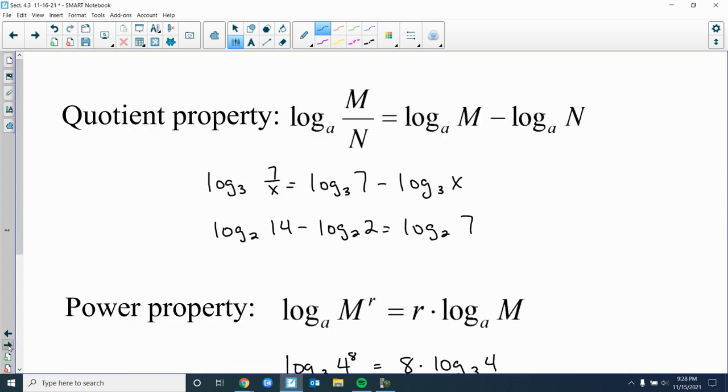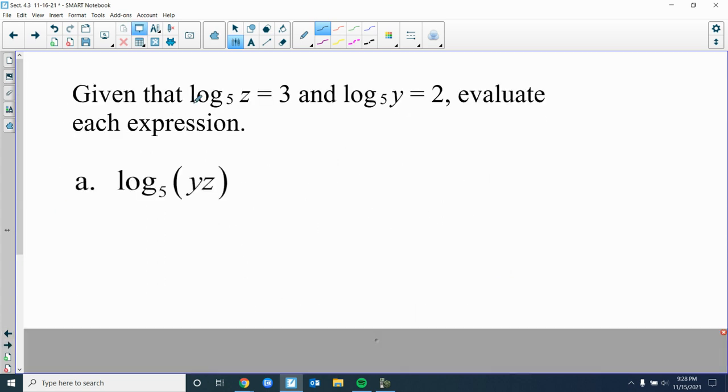Okay, some applications here, or some problems dealing with these properties. Okay, given the fact, and I'm just going to state this, that the log base 5 of z is equivalent to 3, and the log base 5 of y equals 2. We want to evaluate each expression. So right now we can't evaluate it, but we want to use our properties.